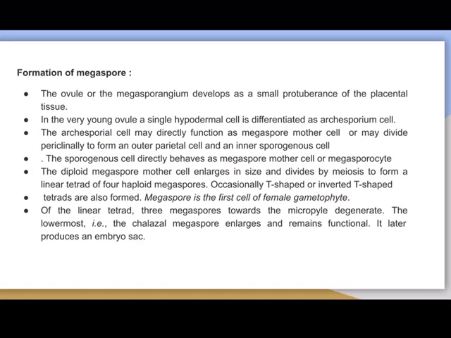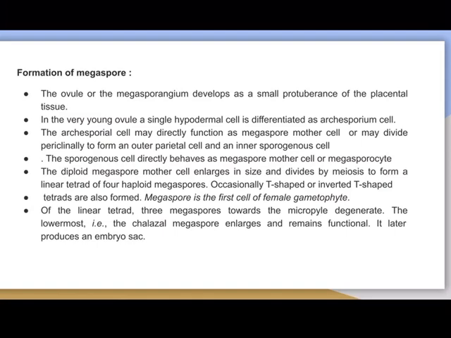But in some cases, two spores remain, whereas in some cases four spores remain as the functional embryo sac. When a single spore acts as the embryo sac, it is called the monosporic type. When two megaspores have functional activity, it is called bisporic.